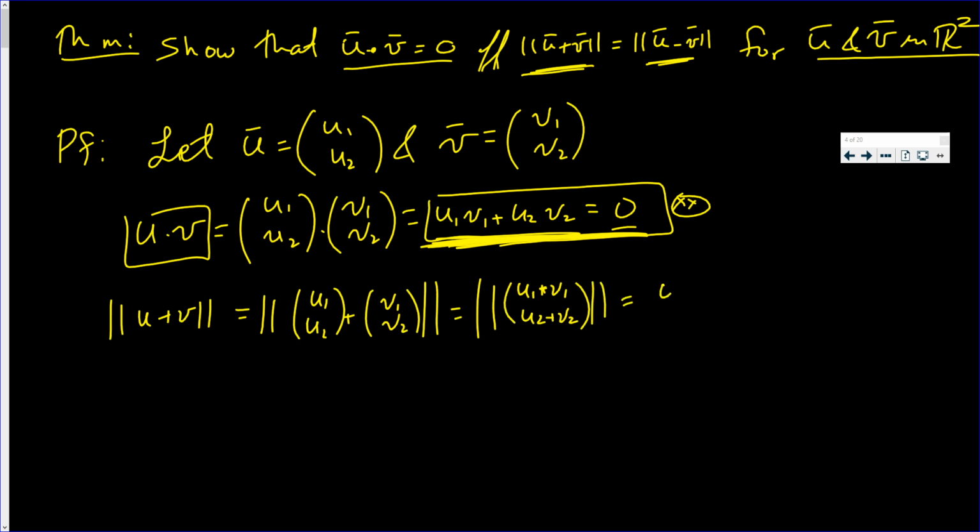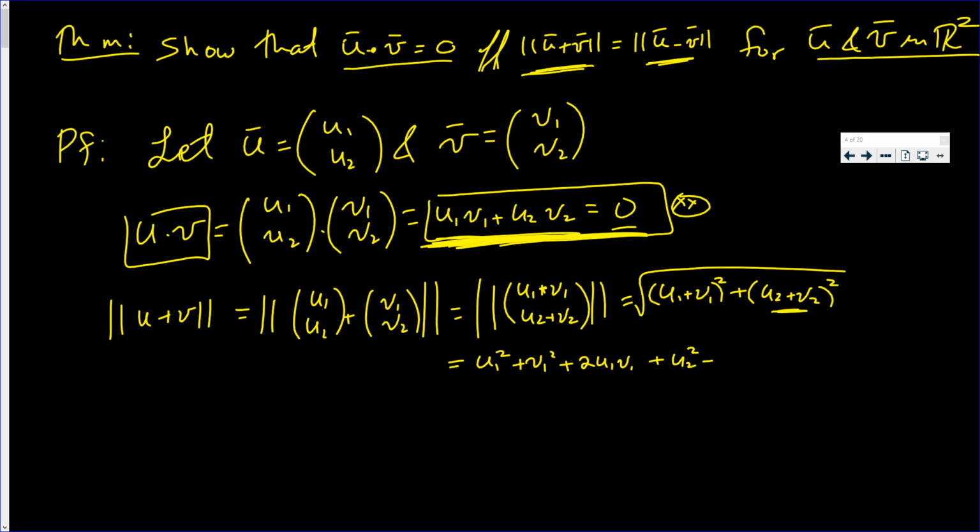That's nothing more than the square root of the first component squared plus the second component squared. The first component squared is u1 squared plus v1 squared plus 2 times u1 v1, plus the second component squared is u2 squared plus v2 squared plus 2 times u2 v2.